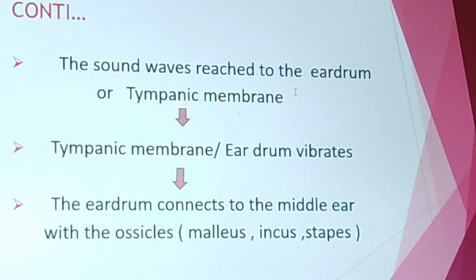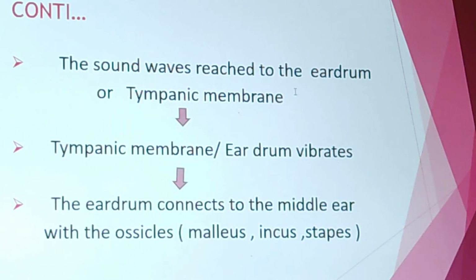The first bone is called the malleus. The malleus receives these vibrations from the tympanic membrane and transfers them to the next part, the incus bone. The incus receives the vibrations from the malleus and sends them to the stapes. The stapes is the smallest bone in the middle ear. It receives the vibrations and sends them to the next part, the oval window.